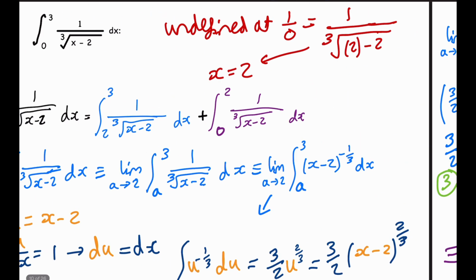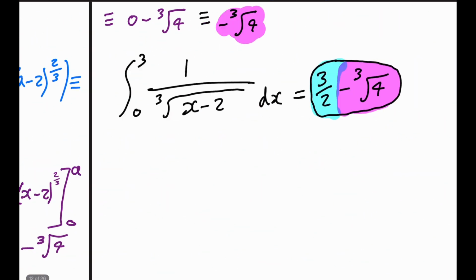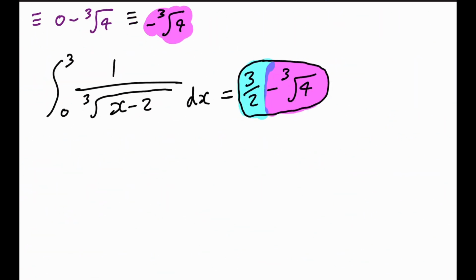And now, because we have to add them together, we get 3 over 2, add the negative of this, so you just take away the cube root of 4. So the integration that we found from before is equal to 3 over 2 minus the cube root of 4, which is our answer to the question. I hope that makes sense.